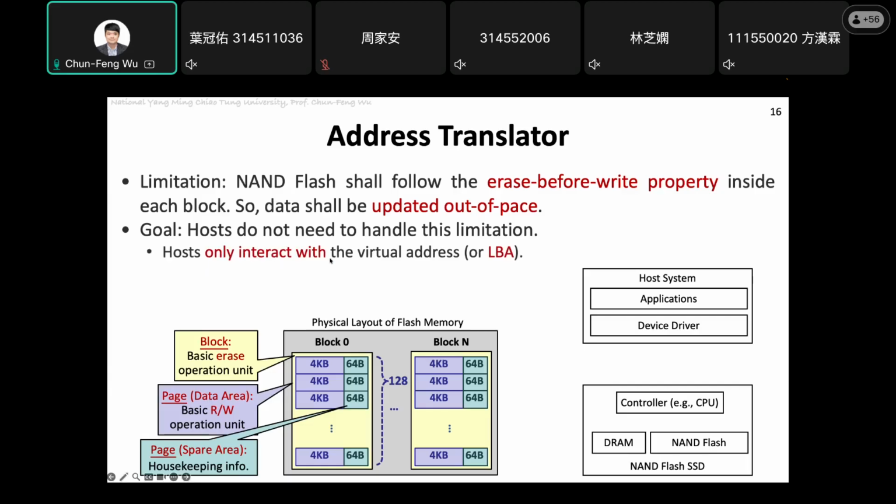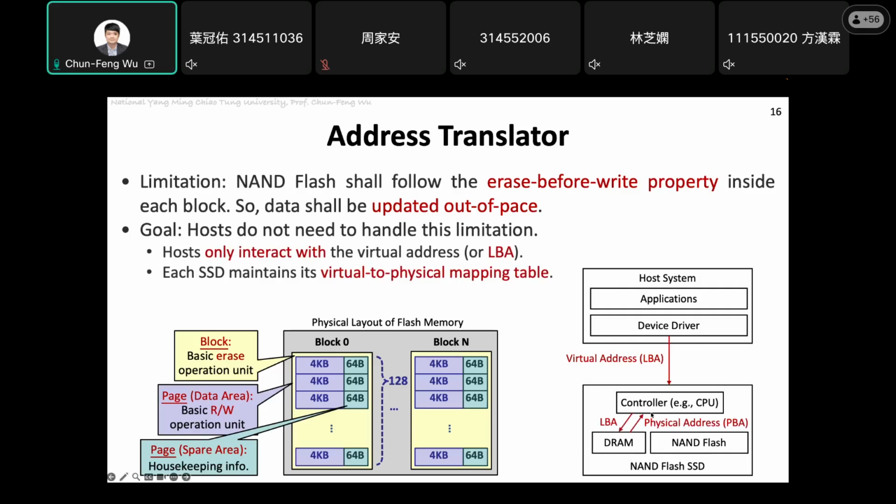So the host only interacts with the virtual address. The host, application, driver, and OS are in the host CPU. The virtual address, which we also call the logical block address, is sent to the controller. And the SSD maintains its logical to physical mapping table in the DRAM area, so the mapping table is stored inside the SSD.